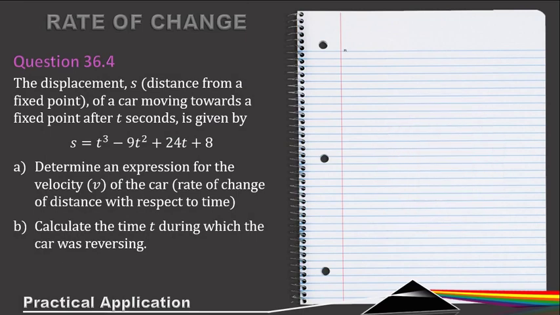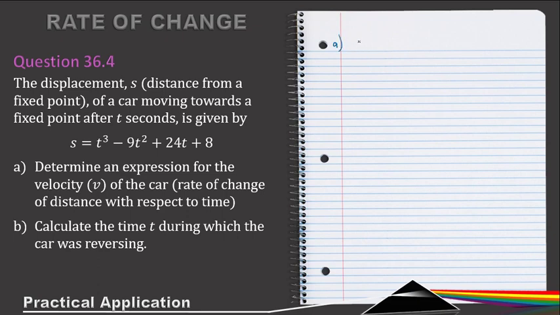Question 36.4. The displacement S, the distance from a fixed point of a moving car after t seconds, is given by S. Determine an expression for the velocity of the car, the rate of change of the distance with respect to time.